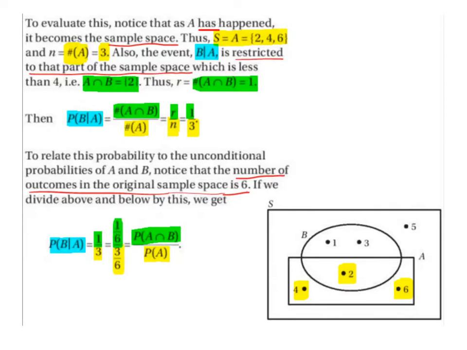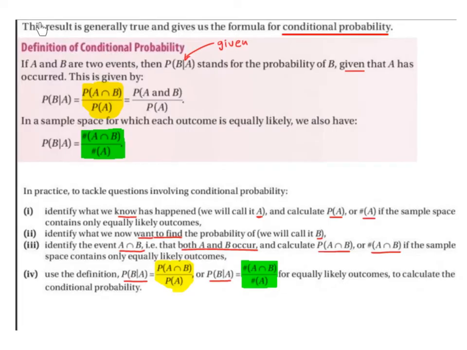And 1 over 6 is actually the probability of A intersection B, because there's one element in the intersection, and the probability of A is 3 over 6, because there are 3 elements in set A. So the probability of B given A actually becomes the probability of A intersection B divided by the probability of A.